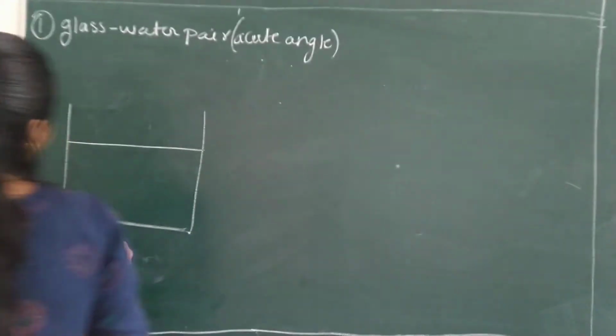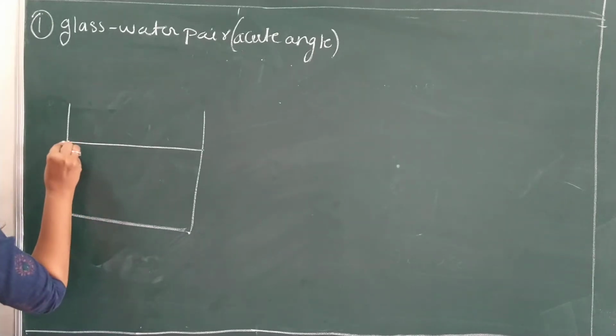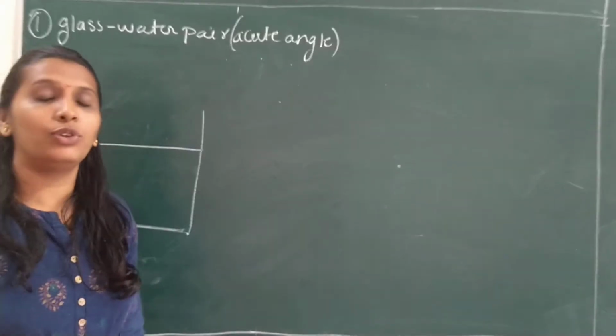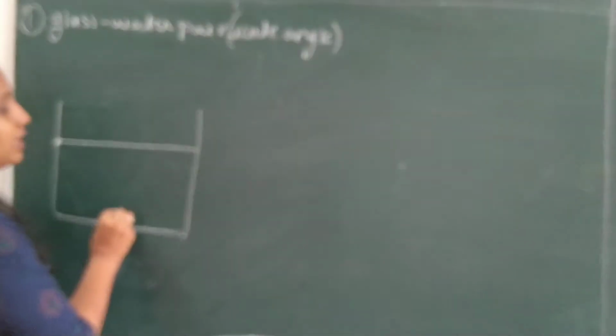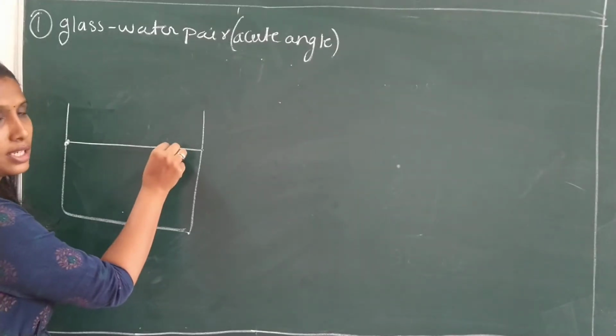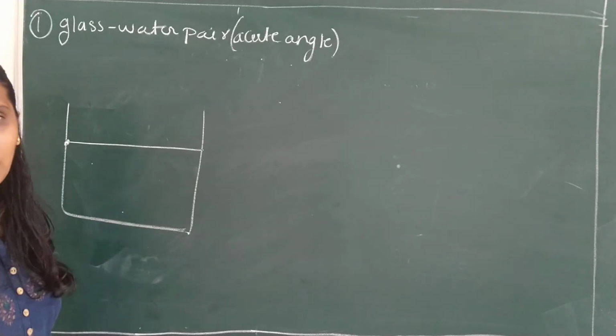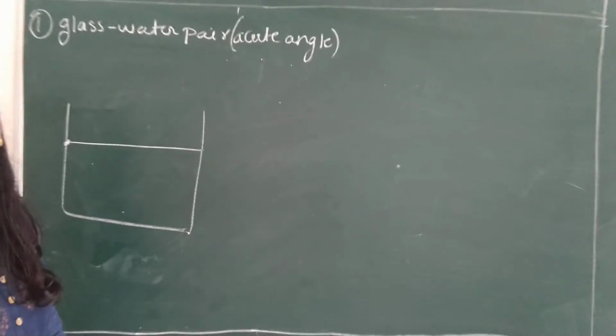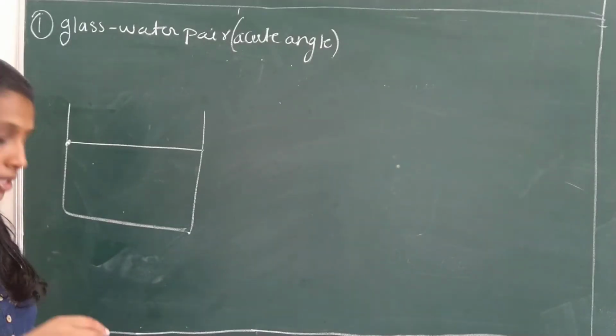Now if we take a molecule situated at the corner of this beaker. Last time we have seen few molecules: one was deep inside the liquid, one was on the surface and one was a little bit below the surface. Now I am considering a molecule which is exactly at the corner. This corner molecule will be acted on by two forces now.